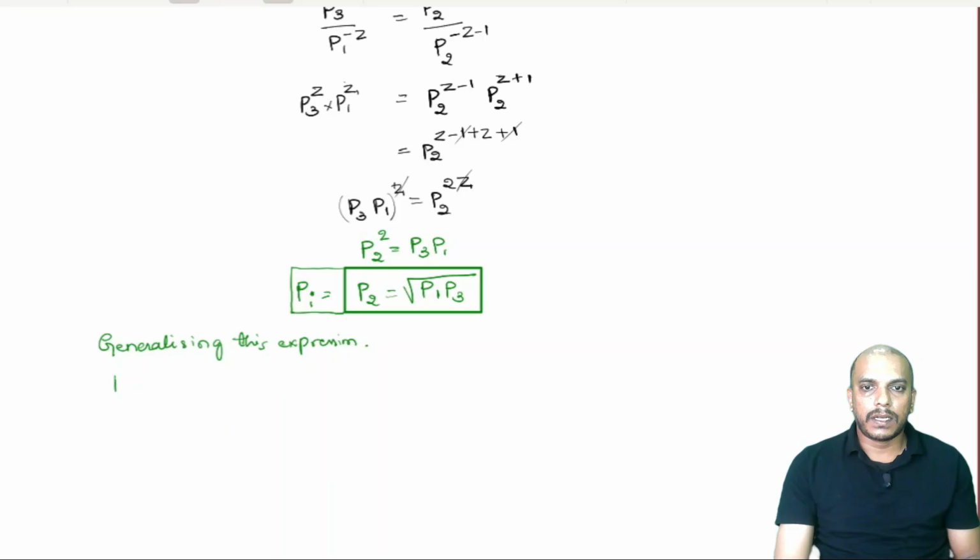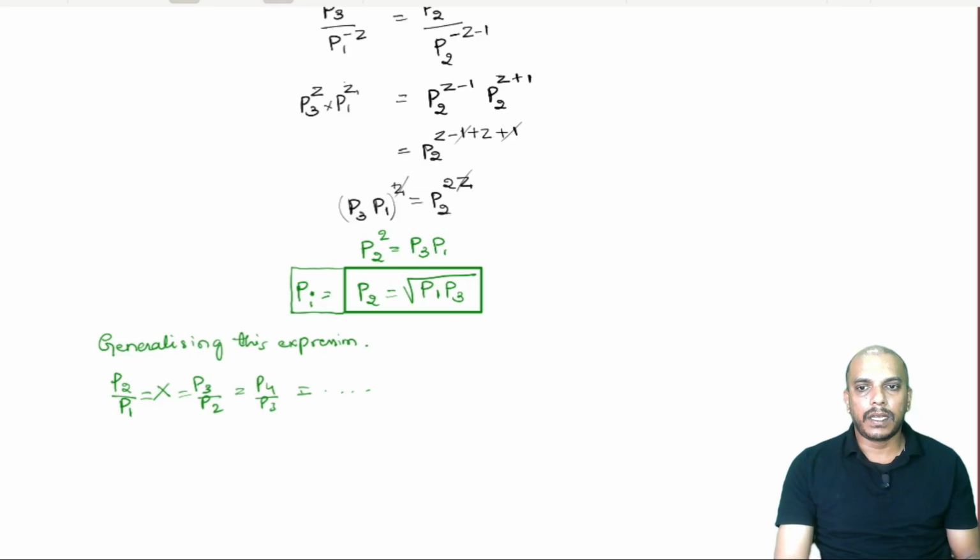So, now we can say that the pressure ratio, let us call it P2 by P1, is equal to X. Similarly, the pressure ratio P3 by P2 is equal to X, and P4 by P3 and so on. Okay.